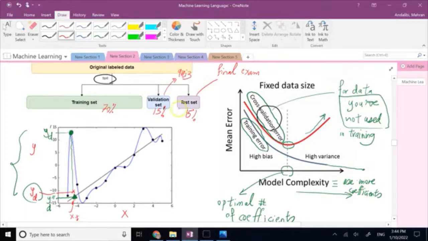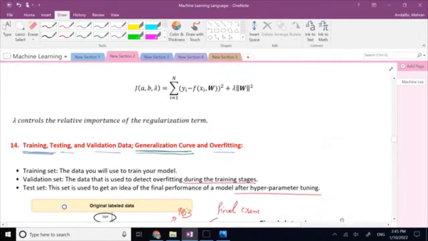But this is a common thing that they use in neural networks, 70%, 15%, 15%. Again, not every textbook, but this is one of the things I personally remember when my professor of neural networks, Dr. Hagan, who is one of the very famous people in neural networks, mentioned the proportions of this data. So hopefully the idea of these 3 categories of data, generalization and overfitting, is clear.